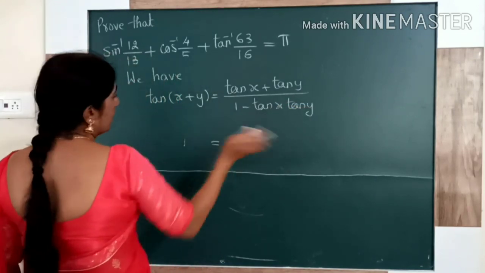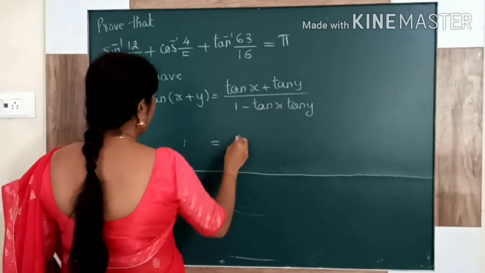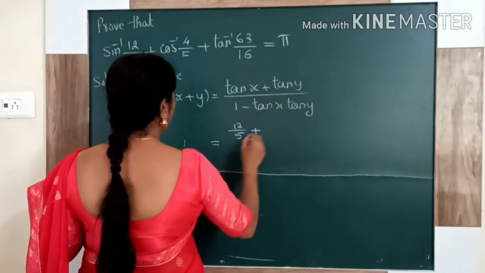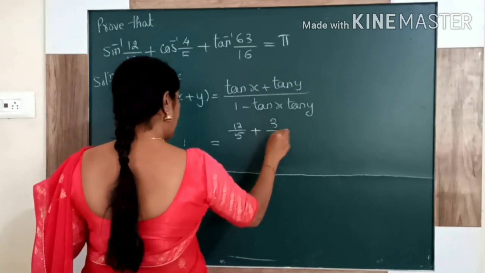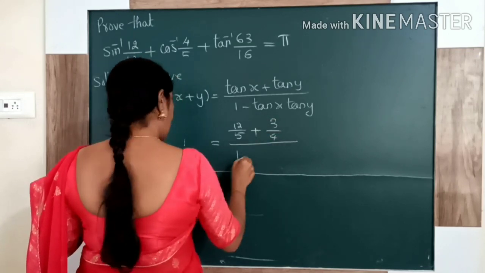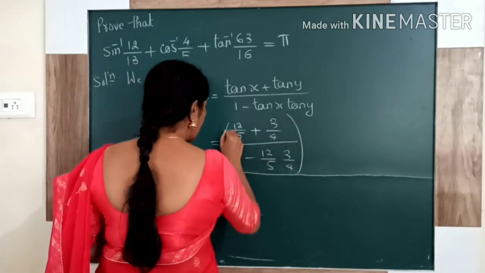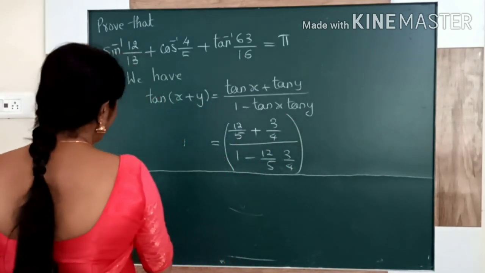So what is tan x? Already we calculated. Tan x is 12 by 5. What is tan y? Tan y is 3 by 4, upon 1 minus 12 by 5 into 3 by 4. Simplify this. Take the LCM. LCM is 20.